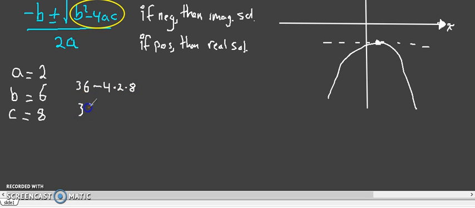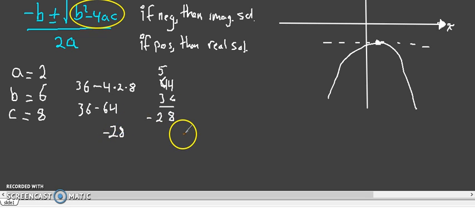So that's 36 minus 64. And that, of course, you just do it real quick, 64 minus 36. That's 28, so switch it around, it becomes negative, and we get negative 28.